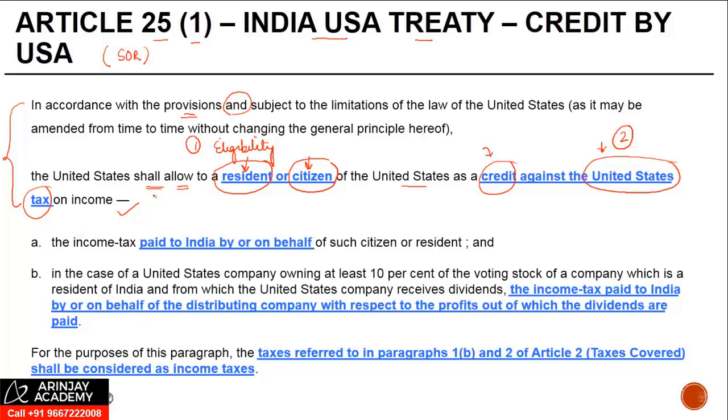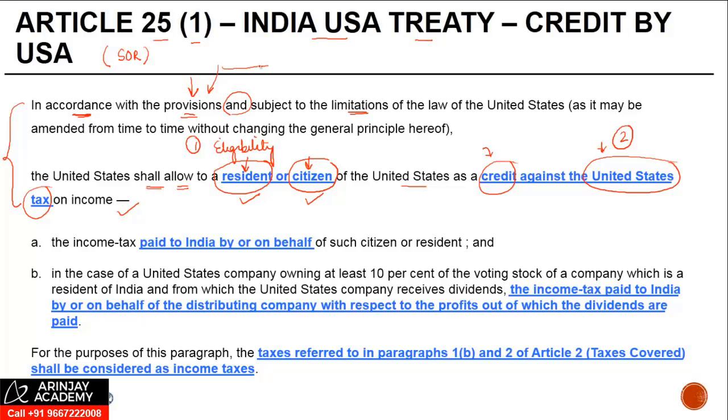But the credit which shall be available to a resident or a citizen, as the case may be, will be in accordance with the provisions and the limitations of the local laws of United States. What this means is that if under the provisions of the domestic law of US, there are certain conditions to claim a credit, those conditions will be applicable.